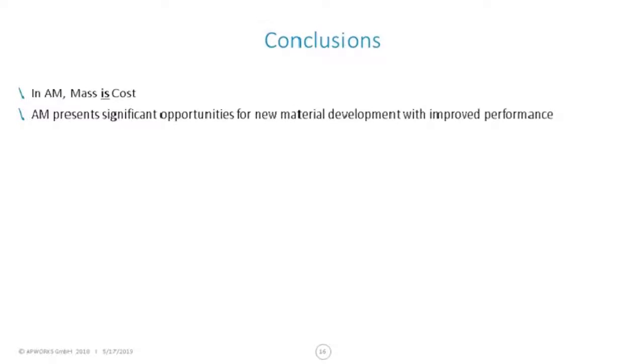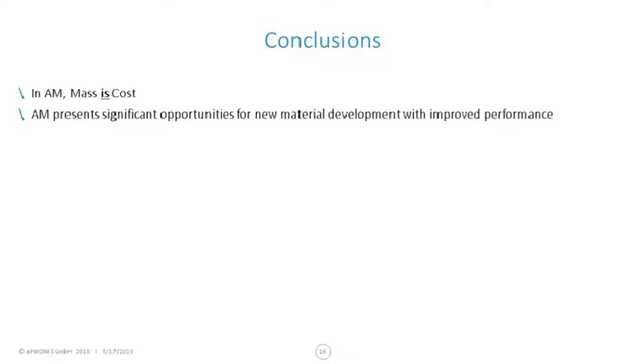One interesting point for those of you who are materials people is that it actually presents significant opportunities for new material development. You have completely new processing dynamics in each one of those additive manufacturing process families. You have a different chemistry, physics going on. In the example of powder bed fusion, you have very, very high cooling rates.